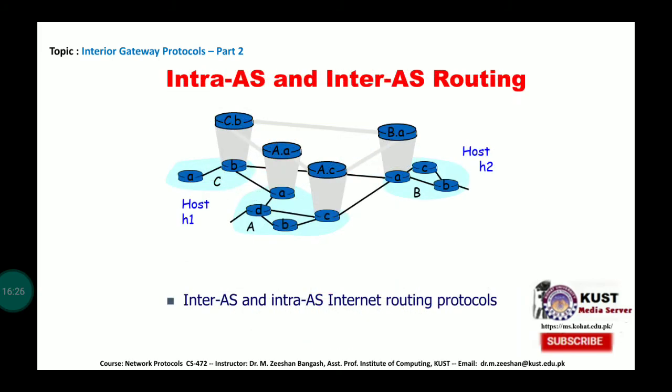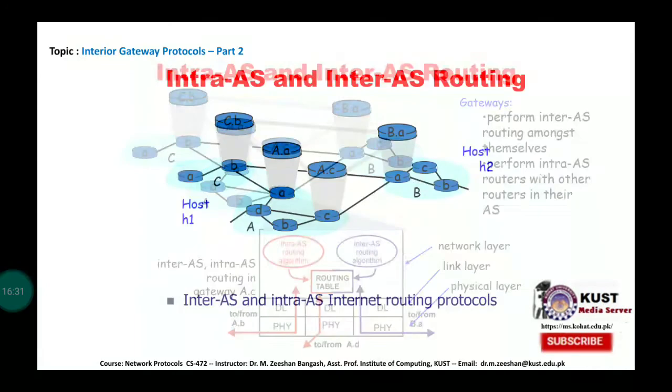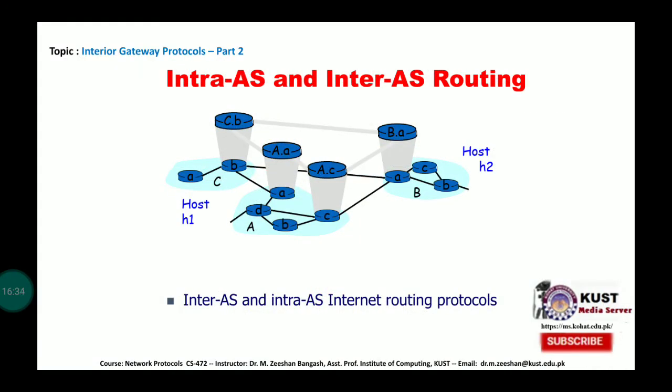Now, let's discuss another slide about this inter-autonomous system and intra-autonomous system routing. You can look into this diagram that there is a host H1 which is part of the autonomous system C, and that wants to communicate with the host H2, which is part of the autonomous system B. There is a direct communication link between the two autonomous systems, and there's an indirect communication link through autonomous system A. However, this whole communication depends upon the scenario of the network.